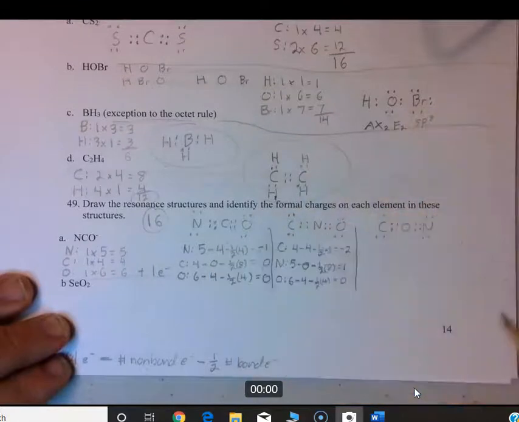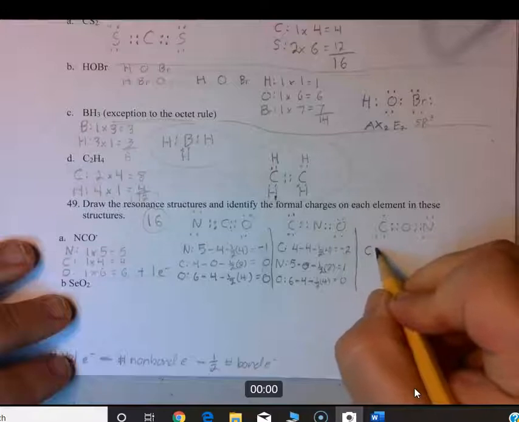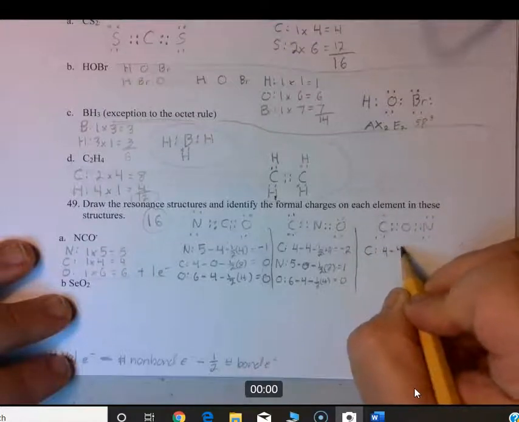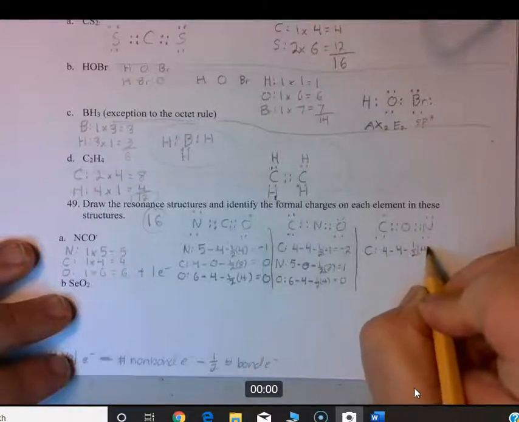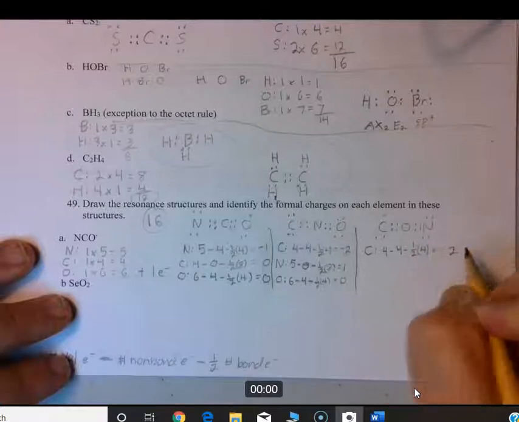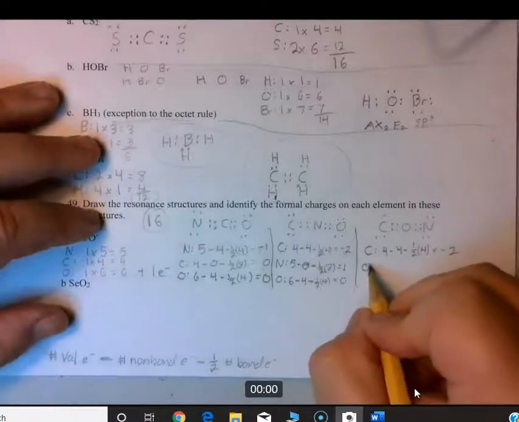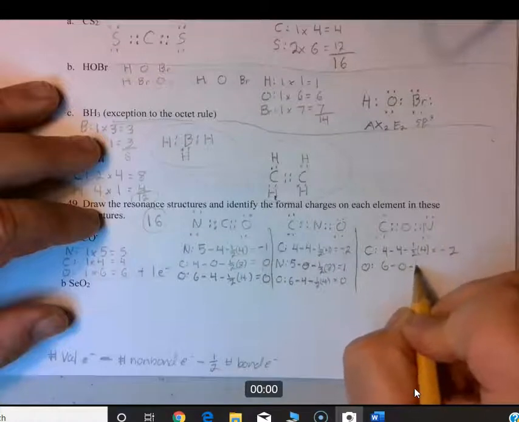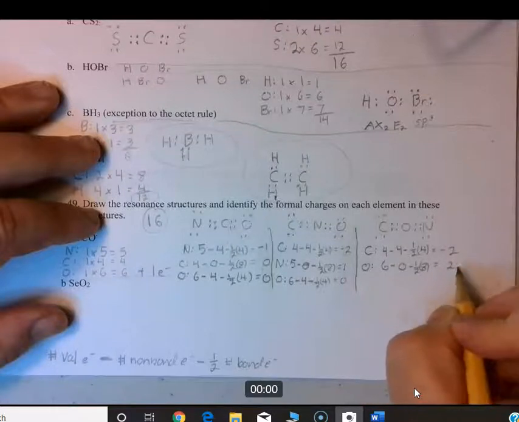And let's try the last configuration. So we have C, it's going to be 4 minus 4 non-bonding minus 1/2 of 4 bonding. That's going to equal -2. Oxygen is 6. There's none that are non-bonding. Half of the 8 are bonding, and that's going to equal +2.